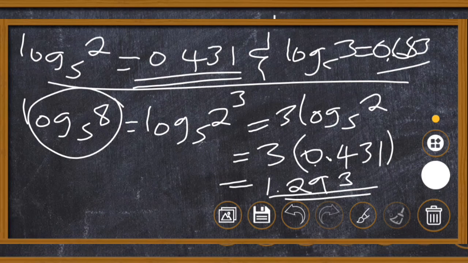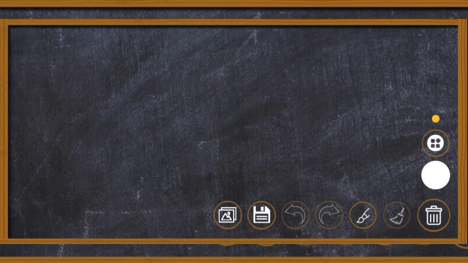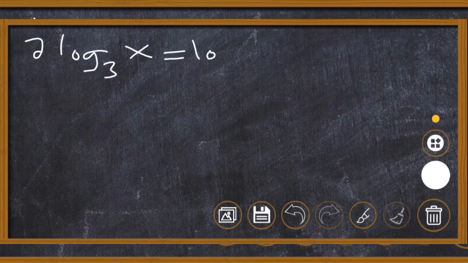That's how it goes. Okay, so let's go into solving given different values of logarithm functions. So let's say, for example, you have been given 2 log 3 of x equals log 3 of x plus 6.